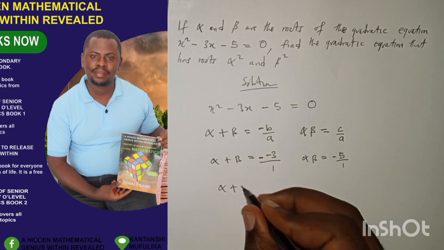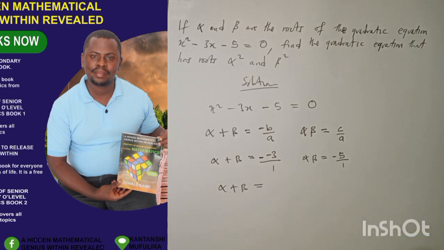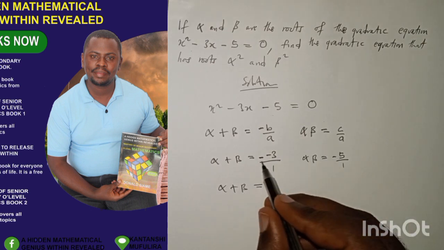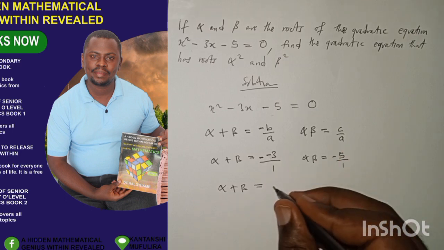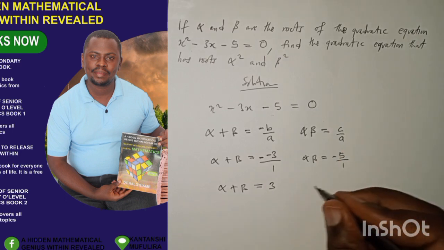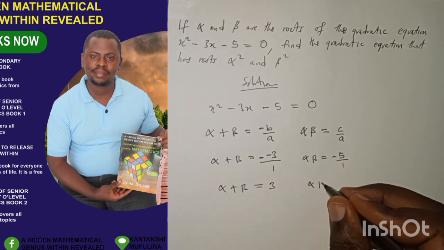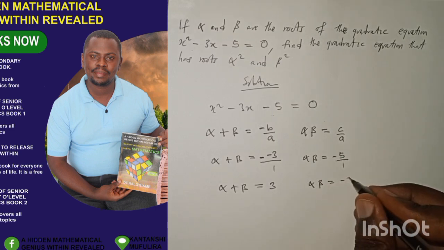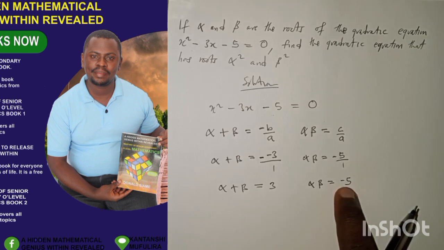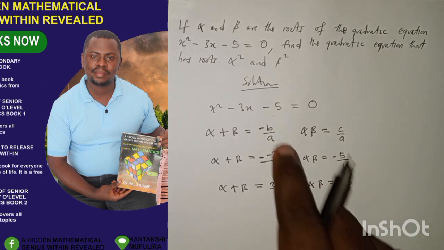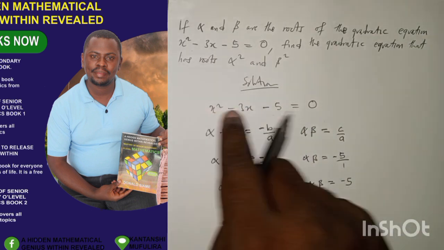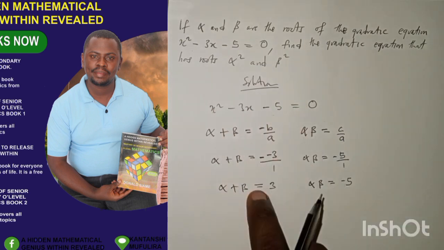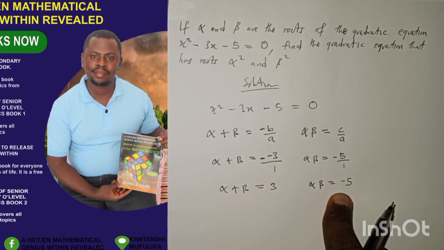So alpha plus beta is equal to minus multiplied by minus, you have 3. Then alpha times beta is equal to minus 5. So these are the values for the given equation; we have the sum and the product.